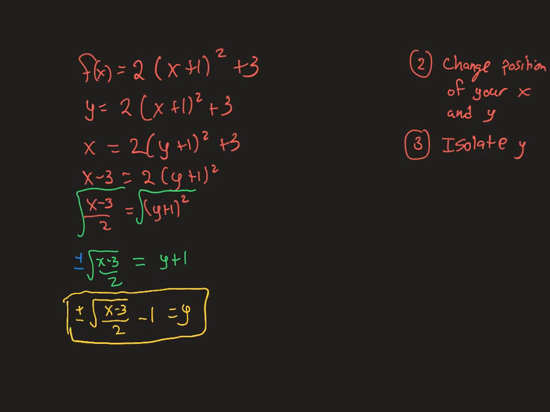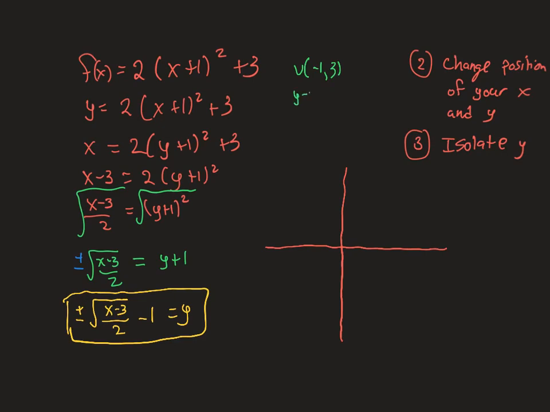Now, let's see whether this is a function or not. If I were to graph my original function, 2 times x plus 1 squared plus 3, I already know that it has a vertex of -1, 3.